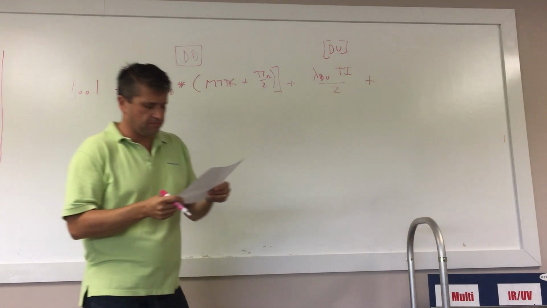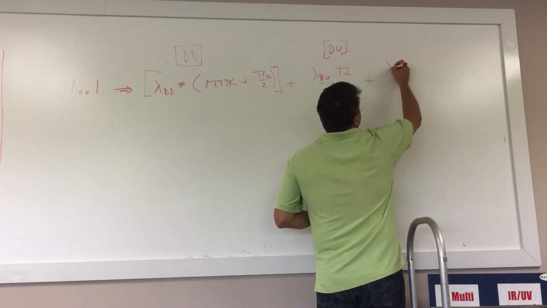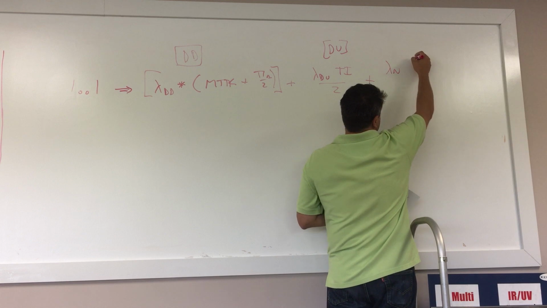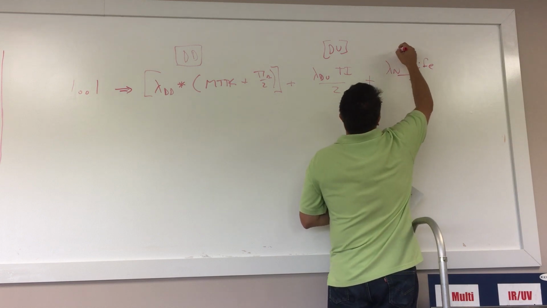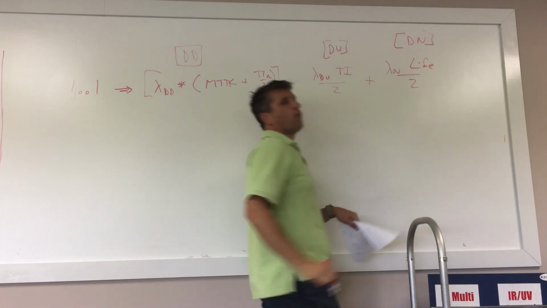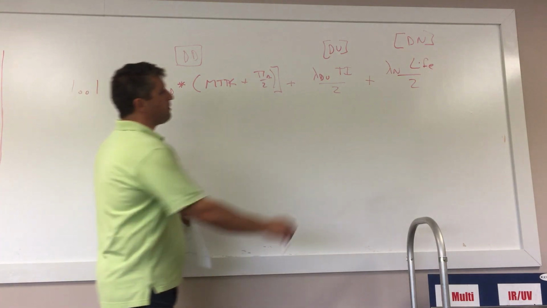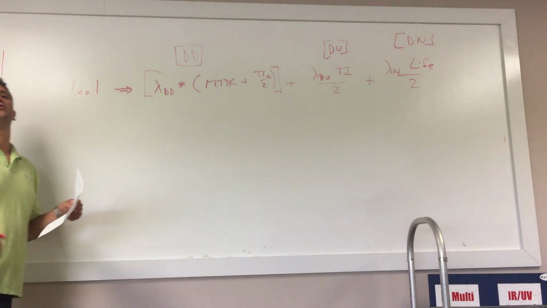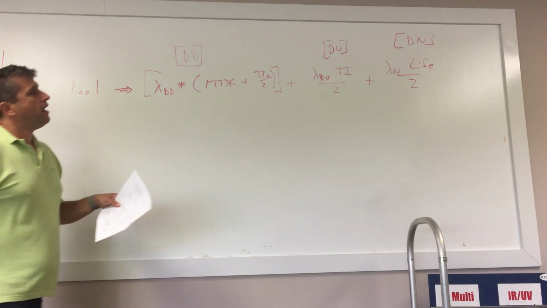The next term is the lambda DN term. So we have lambda DN times life over 2. This I'm going to refer to as the DN term, or the never detected term. You'll see by its format, lambda T over 2, that it is also an unreliability, not an unavailability.